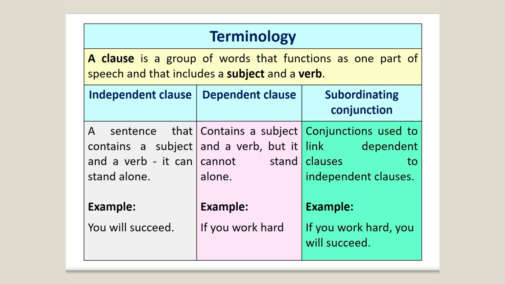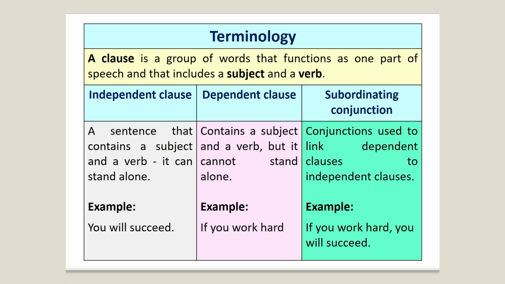So that is called the independent clause. Yes, it can stand alone. That's why it is an independent clause. For example, you will succeed. This is the example. You will succeed is a single sentence.